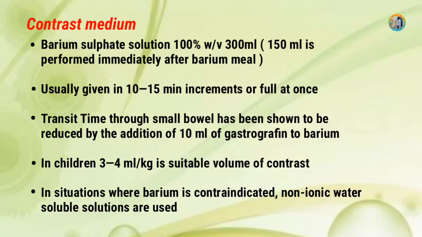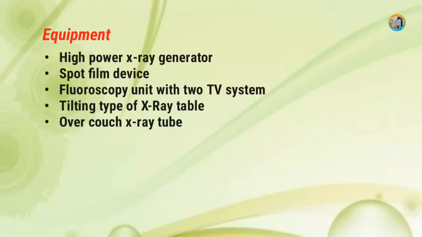In children, 3 to 4 ml per kg is a suitable volume of contrast. In situations where barium is contraindicated, non-ionic water-soluble solution is used. Equipment: a high-power X-ray generator, spot film device, fluoroscopic unit with 2 TV screens, tilting type X-ray table and overcouch X-ray tube are required.